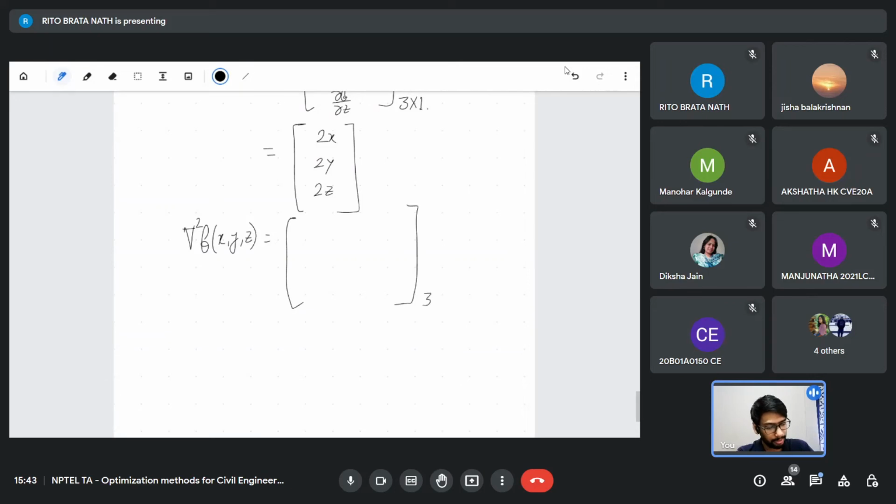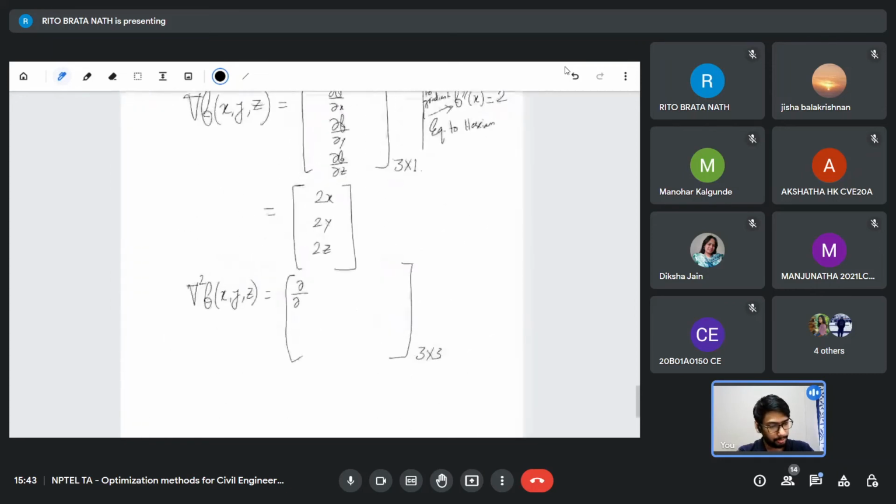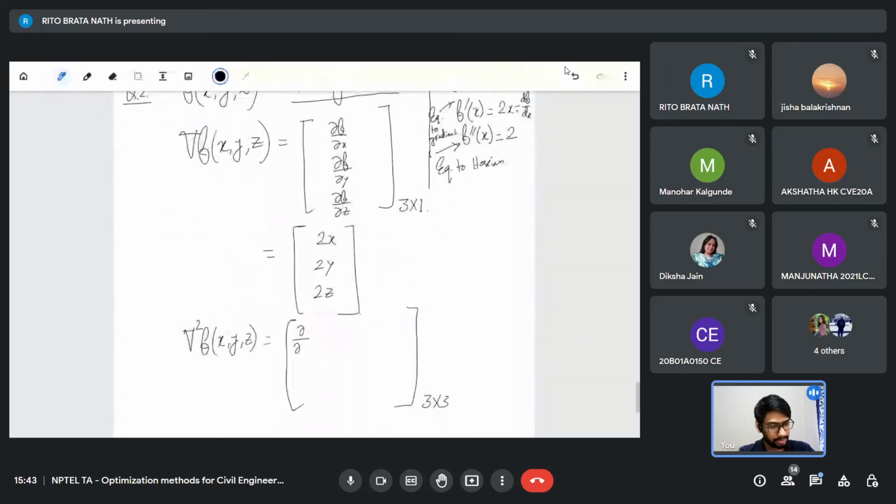Now it will be a 3 by 3 matrix because you have three variables, and for every row of this gradient, you can take the derivative with respect to the three variables again. So now it's something like this. Sorry, this will be x because we're just considering this first term at first.